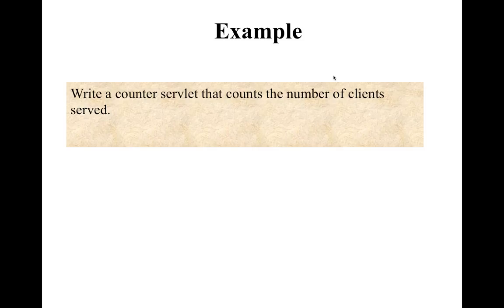Are you guys following my question? Yes, Ravi. Where will you put a variable so that you can count the number of clients served? You have a static scope, or the service level.